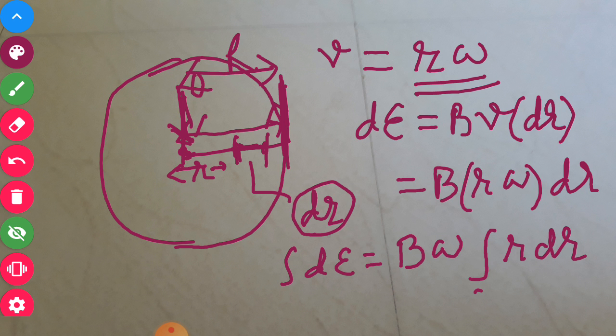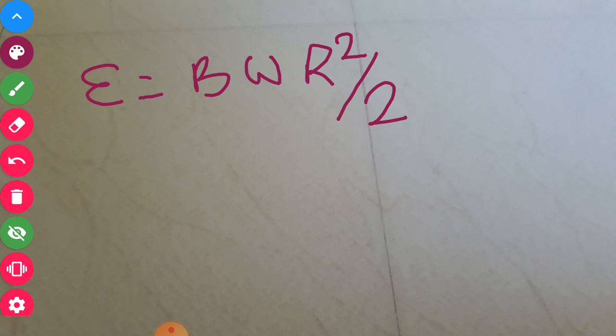So the lower limit is 0 and the upper limit is r. The integration of r dr is r square by 2, and the integration of dE will be E. So E equals B omega r square by 2.